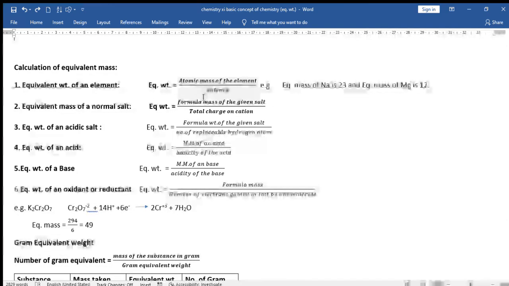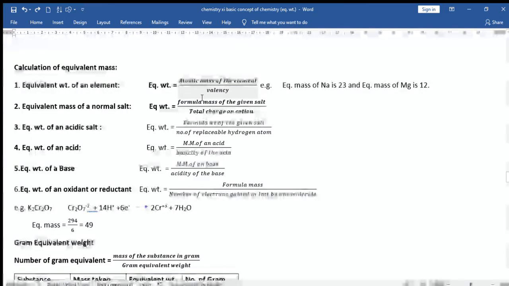But in the case of the ferric ion, we write the atomic mass of iron, that is 56, but here the valency is 3, so we divide by 3. It means the same metal, if it shows variable valency, has different equivalent masses.